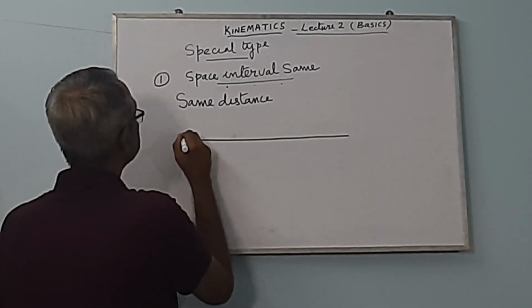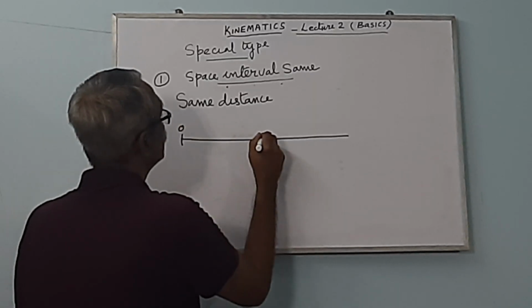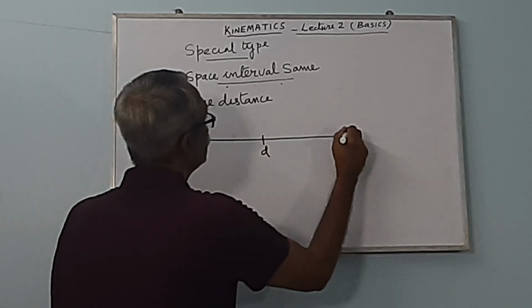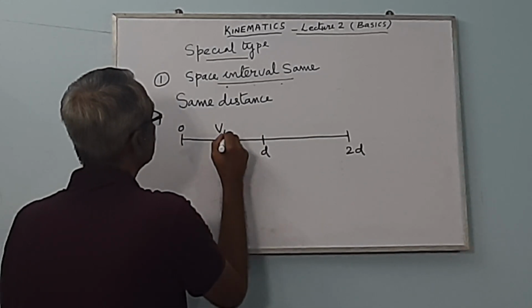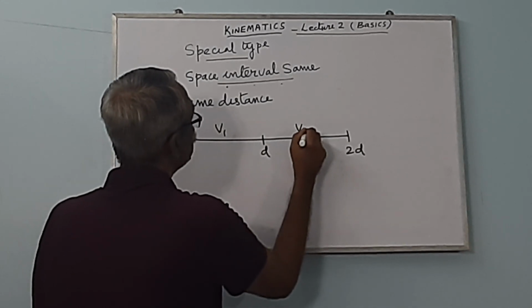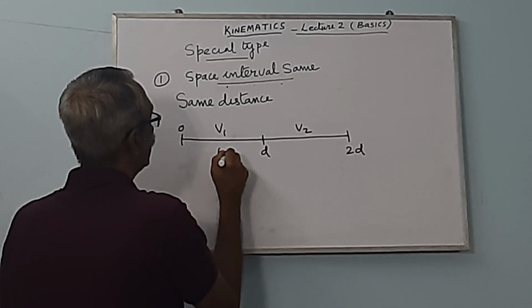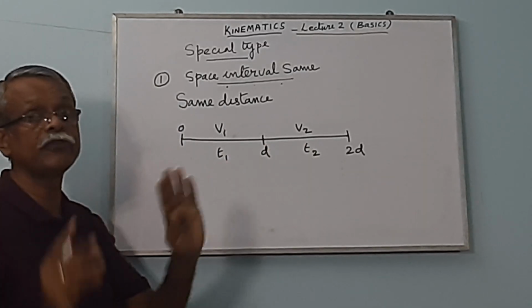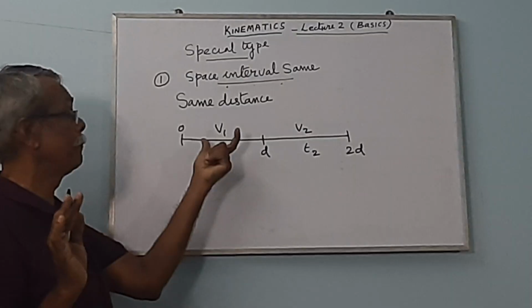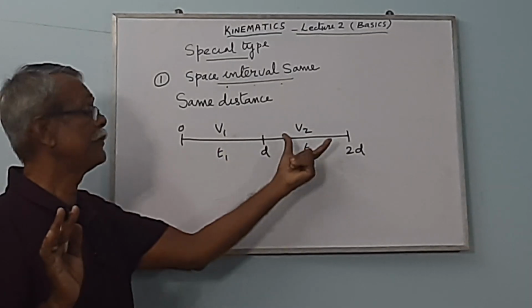This is 0, this is d, this is 2d, this velocity is v1, this velocity is v2. This time we will call t1 and this time we call t2. They are not the same, but the distances are the same. This is d, this is d.